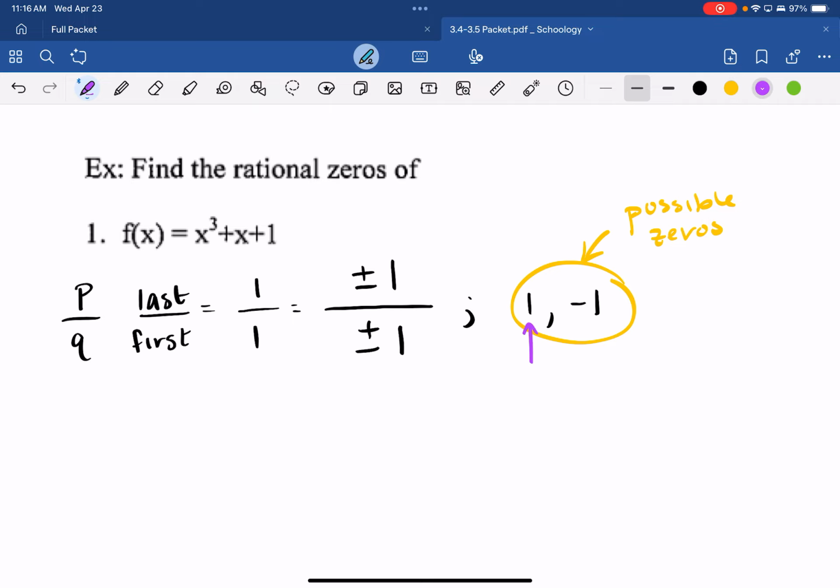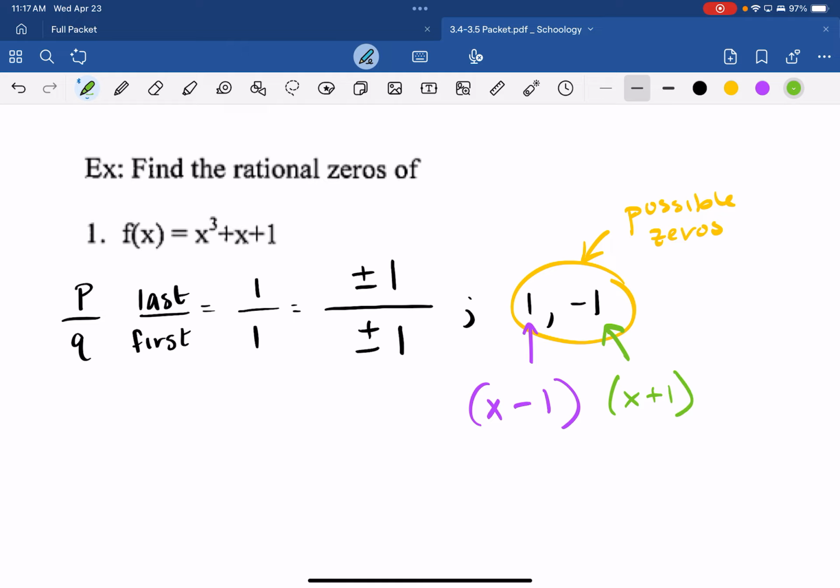So for example, if 1 was the 0, what would its matching binomial be? X minus 1, right? What about this one? X plus 1.